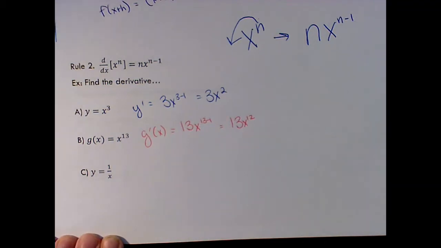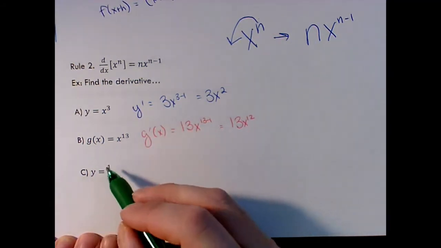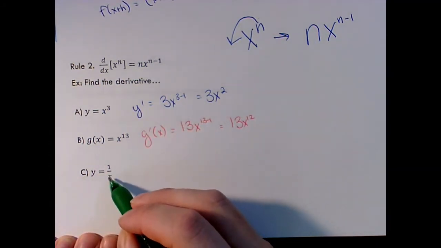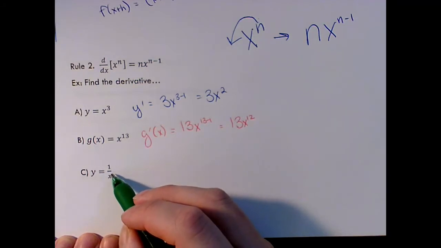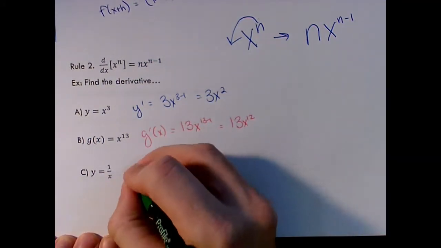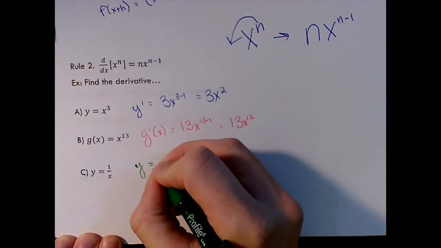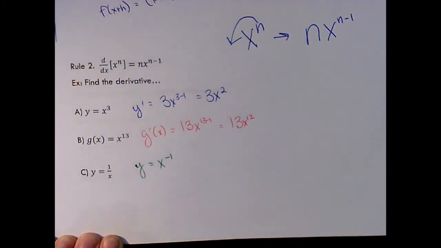Well, I don't. Now here you might be saying, I got you there, sir. You can't do it. Wrong again. Did you know that if you have an x in the denominator of a fraction, you take that exponent, make it negative, and bring it up top. So this is the same thing as saying y equals x to the negative first power.